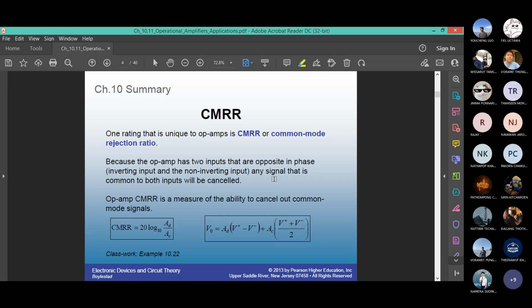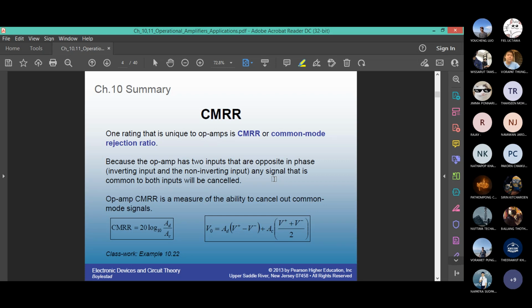Again, it is not a common practice to connect both pins with the same input. Usually we provide two different inputs and maybe one single-ended. So what is common to both pins? There are two things. One is called signal, the other one is called noise. Signal is the one that you desire.